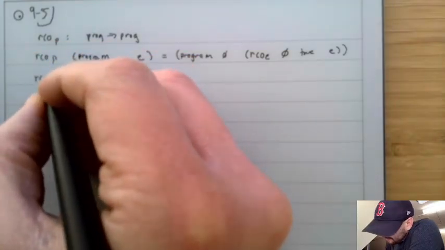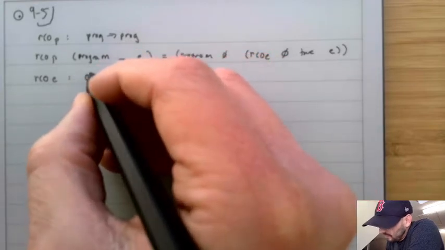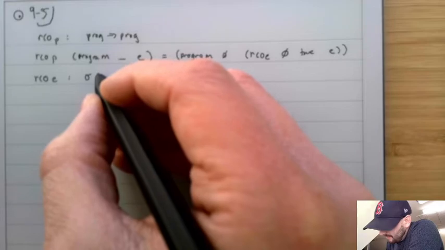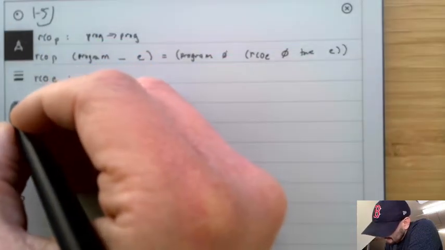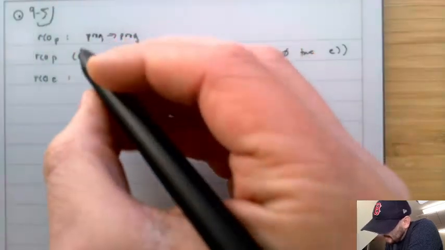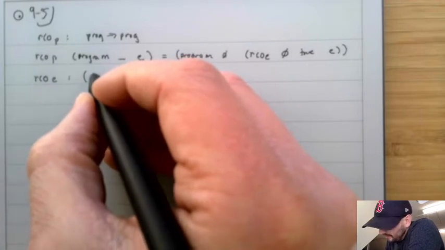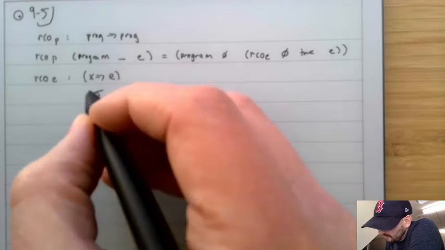Okay, now what are these things? RCOE takes as arguments rho, which is a mapping from variables x to e's.